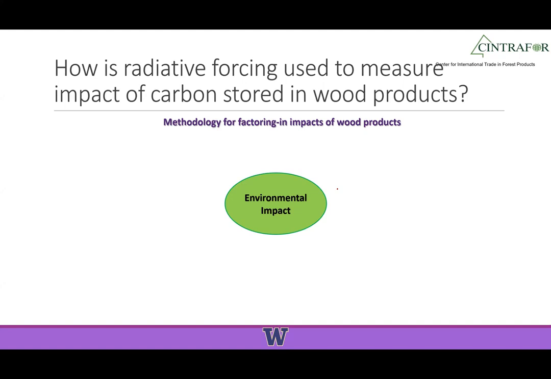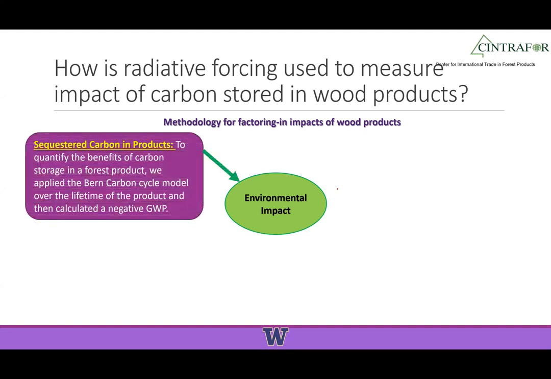That's what we are trying to estimate in this particular model. So there's sequestered carbon in products, and the more carbon sequestered, the better it is, because we are removing a lot of carbon from the atmosphere and sequestering it in a wood product.